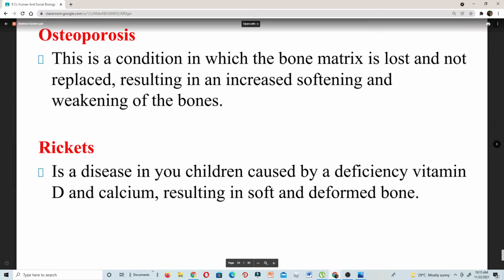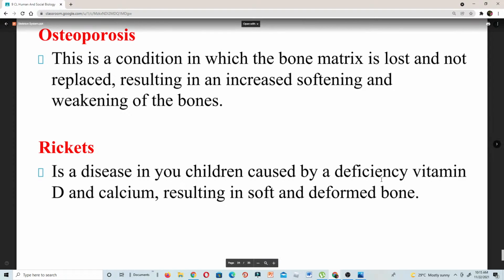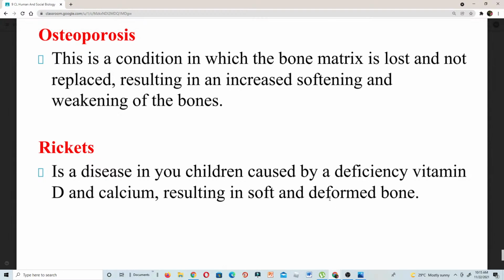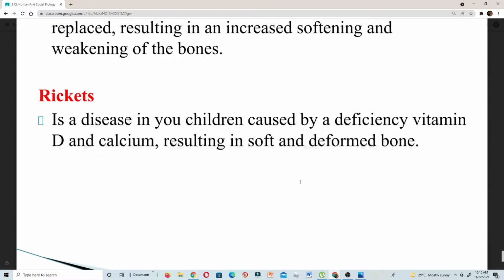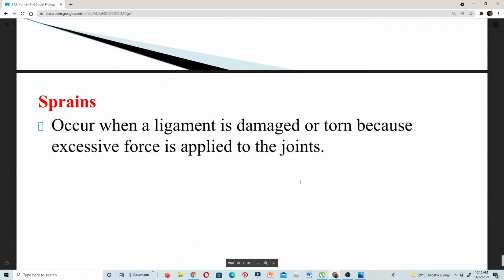Rickets, this is a disease in young children caused by a deficiency in vitamin D and calcium, resulting in soft and deformed bone. So that simply means that the bones are soft in terms of formation. They are not straight, for example, when they're supposed to be straight. So nutrition again has to do with that.